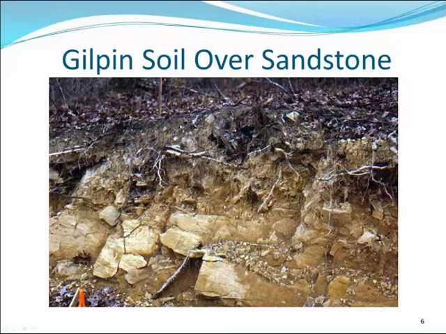So we would think that this soil material above these rocks probably formed from a very similar type of rock, and we would call this parent material residuum, meaning it resides where it was born. It lives where it was born. It's residual.